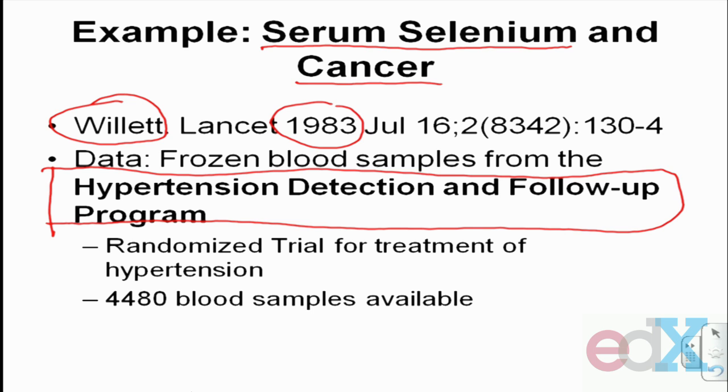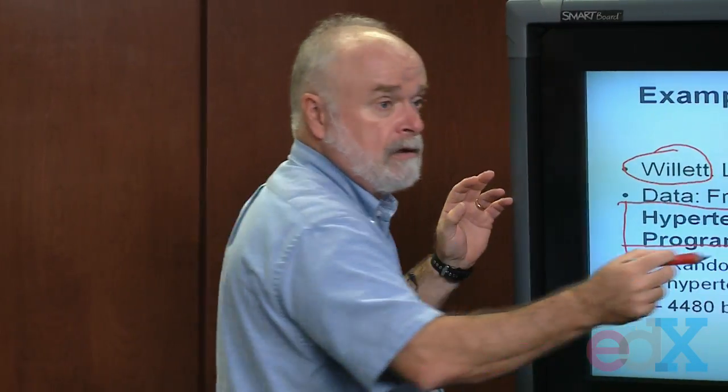That study, the Hypertension Detection and Follow-Up study, had nothing to do with selenium and cancer. It had to do with different ways to try to treat hypertension, to try to treat high blood pressure. But when the investigators performed the study, previous to 1983, they collected data on individuals, not just based on what their blood pressure was and what sort of treatments they had and whether those treatments worked.